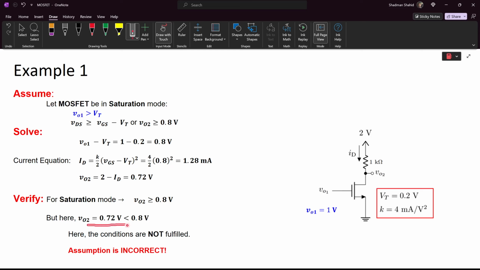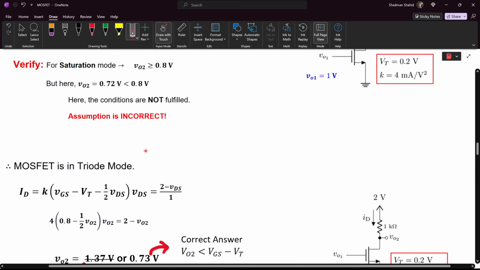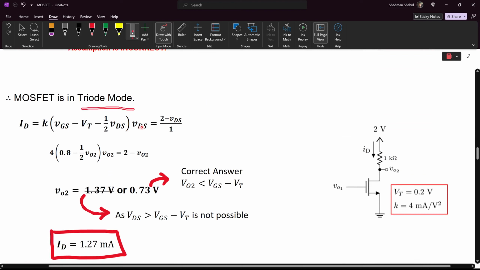This voltage is actually less than 0.8 volt. So clearly, the drain to source voltage is not greater than the overdrive voltage of 0.8 volt. And that is why our initial assumption is not correct, right? So the MOSFET is not in saturation mode, but it is rather in triode mode.